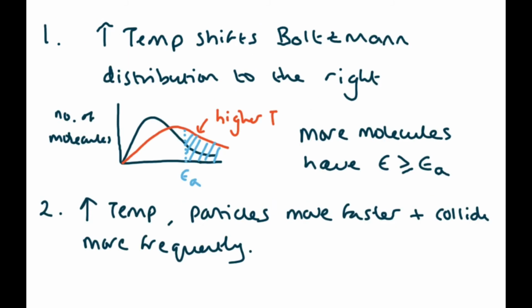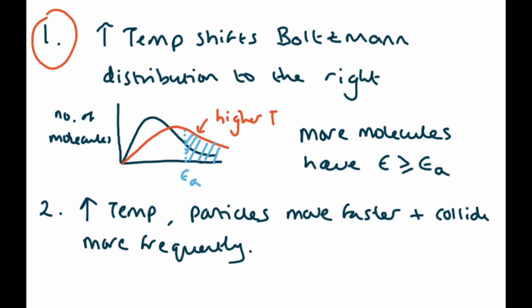Going back to what we talked about a moment ago, what affects the rate of reaction, it is number one that has the greater, the larger effect. Number two is more minor, the particles moving faster and colliding.